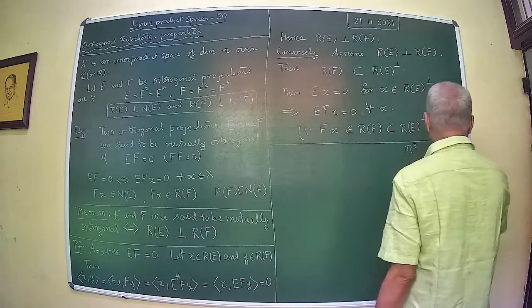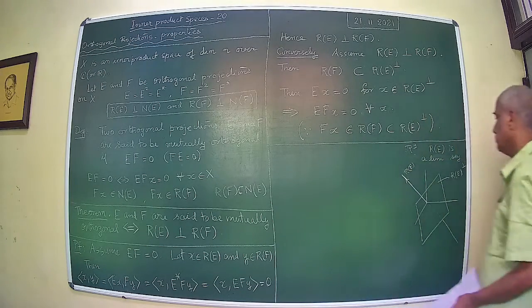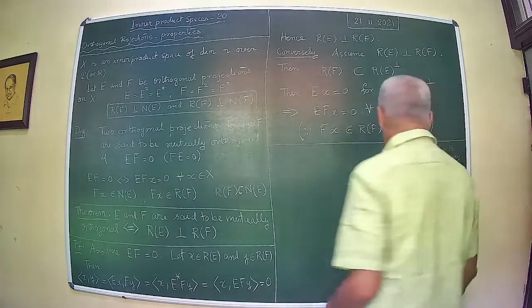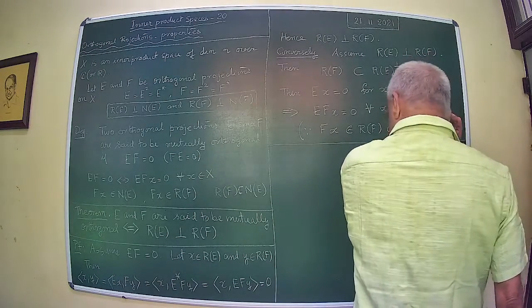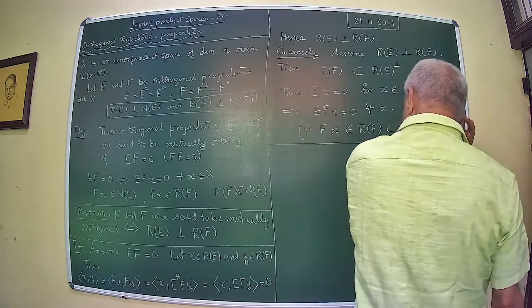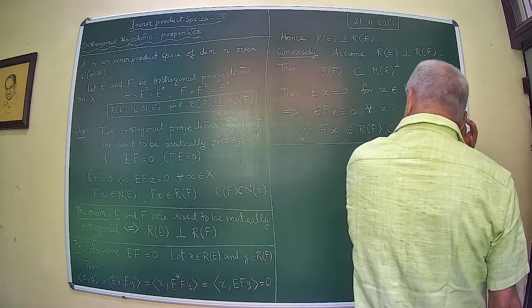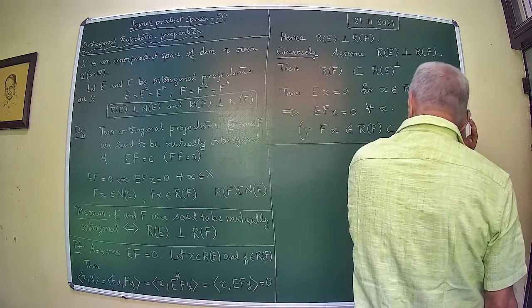So in that case, you have a line passing through the origin as a subspace, which is the range of E, which means you are projecting always to that.